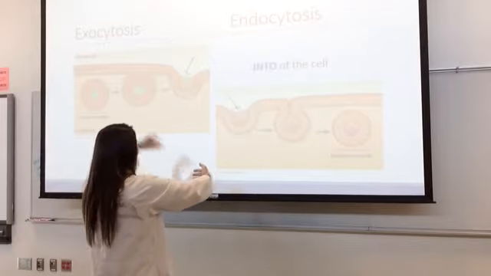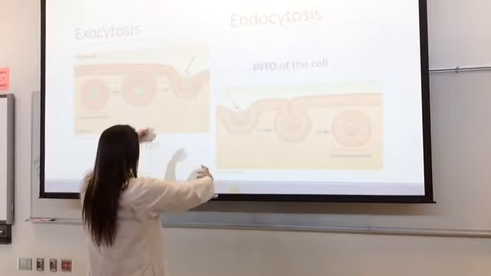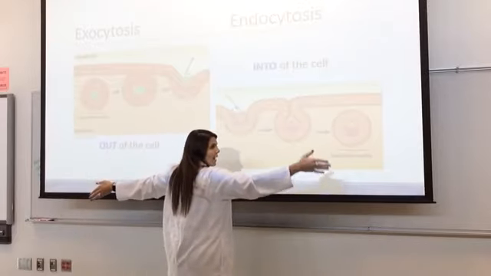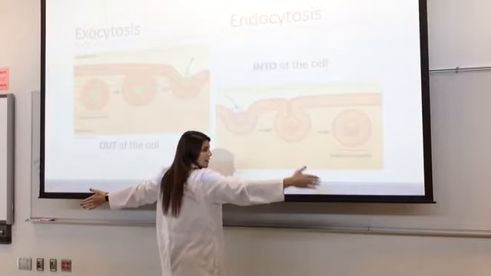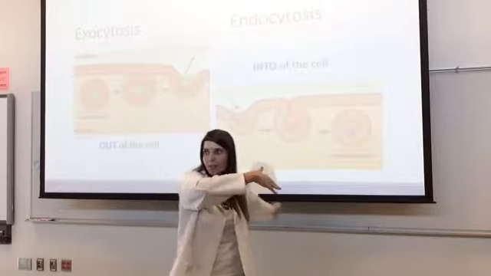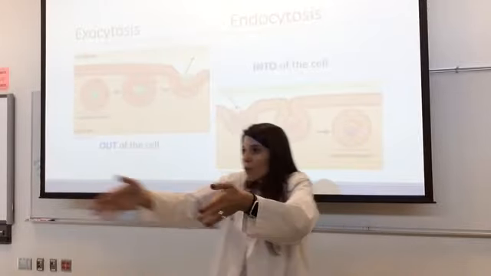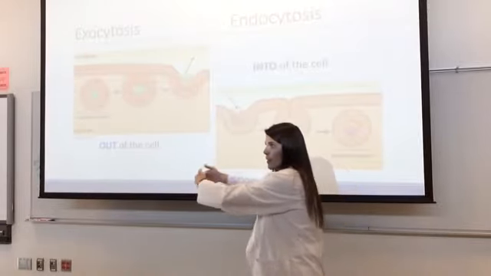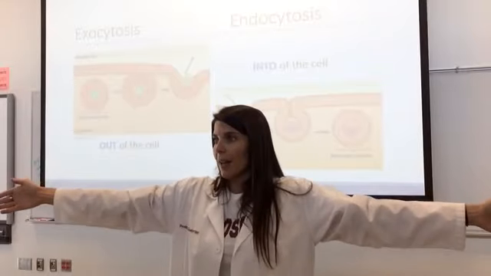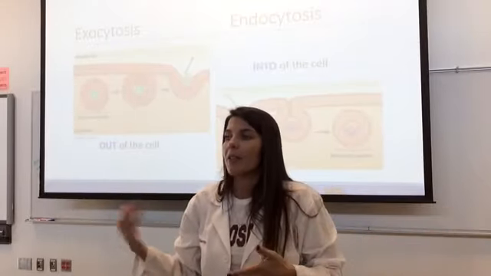And then as it gets ready to dump me out, it will fuse. And then the vesicle is no longer a thing, and the contents are released. So it folds in, escorts, and then it will fuse back in to dump out. That's how these vesicles work.